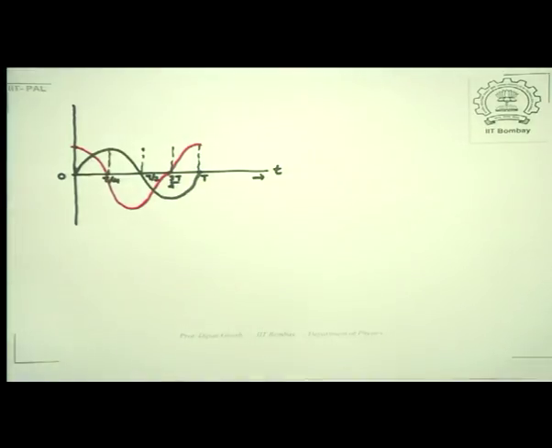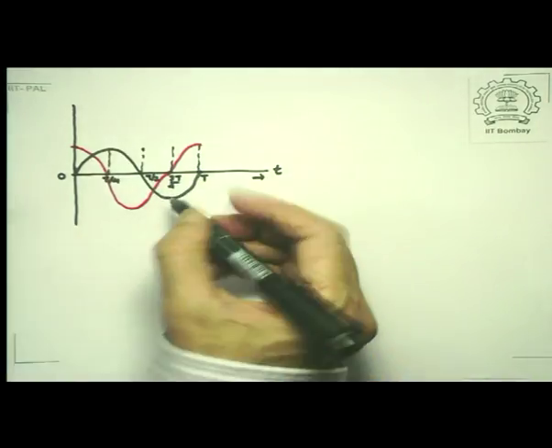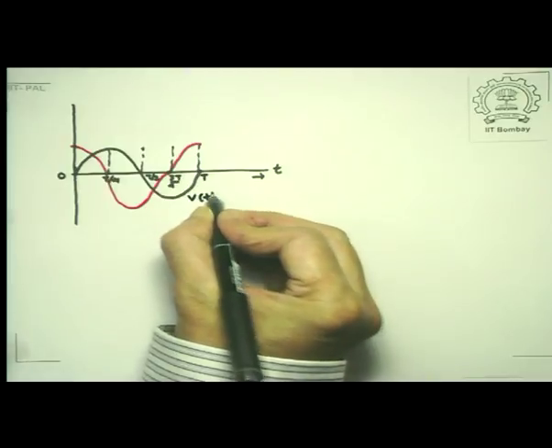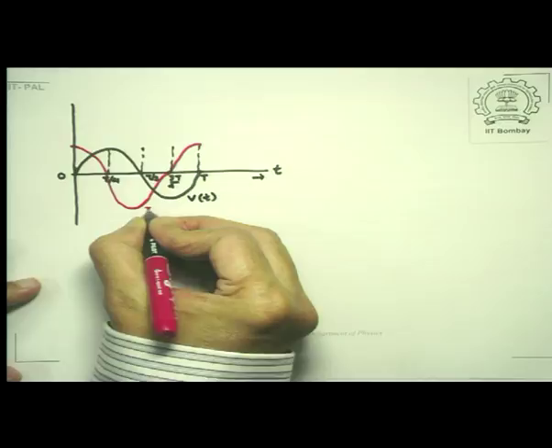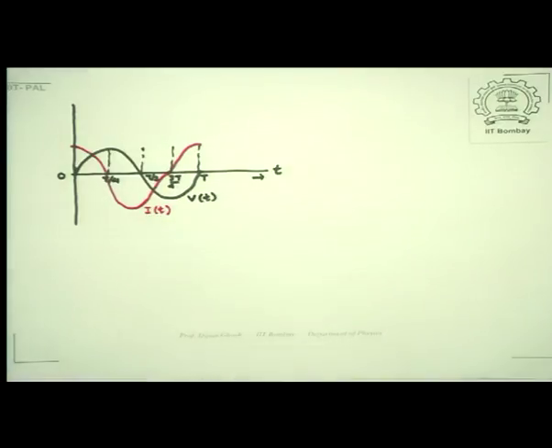The black curve is V of t, and the red curve is the current I of t. So you can see that the current has become maximum a quarter of a cycle before the voltage does.